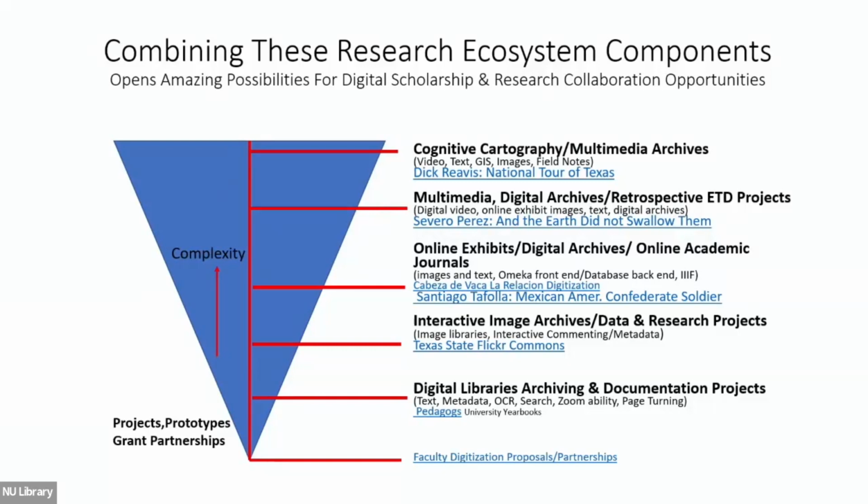They use fundamentally text, images, zoomability, page turning, and I've got excellent examples here. I don't think I'm going to show these today, but that's where we begin. As you get more complex in terms of these possibilities, you start thinking about interactivity, and that page turning isn't enough.